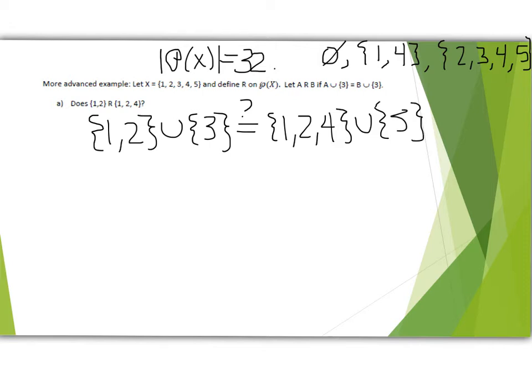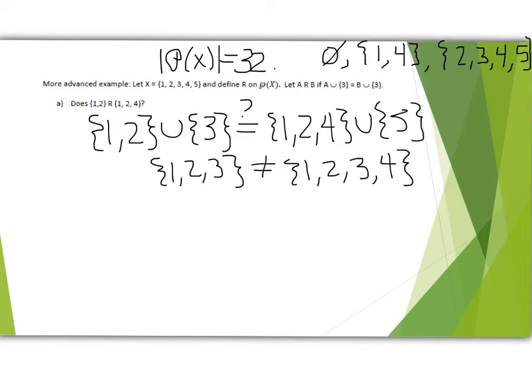And the answer here is no, because the union on the left is {1, 2, 3} and the union on the right is {1, 2, 3, 4}. So no, {1, 2} does not relate to {1, 2, 4}. And that means in this relation, there will not be any arrows going between the subset {1, 2} and the subset {1, 2, 4}.